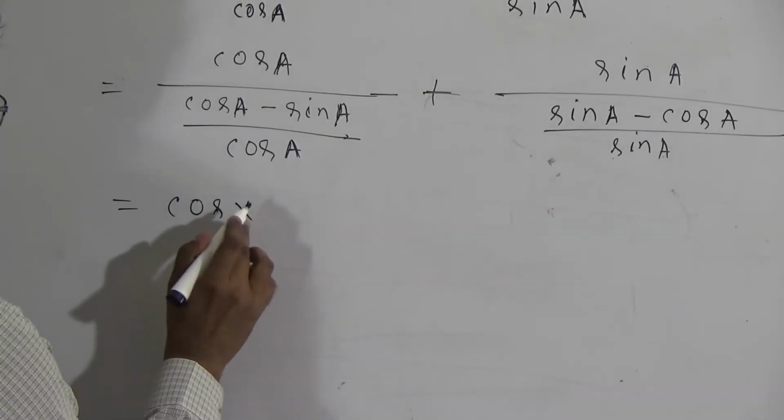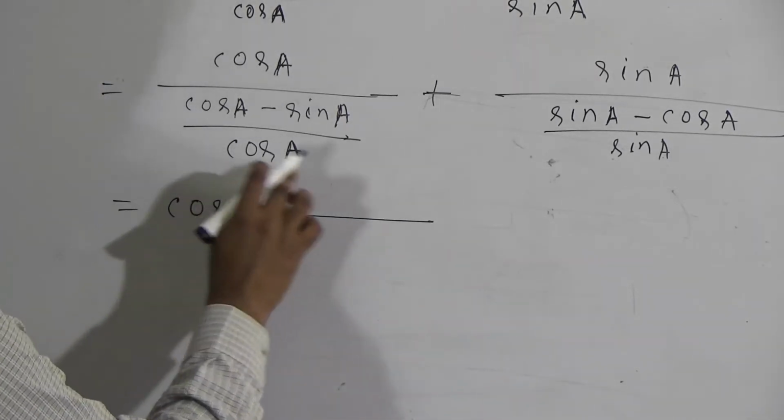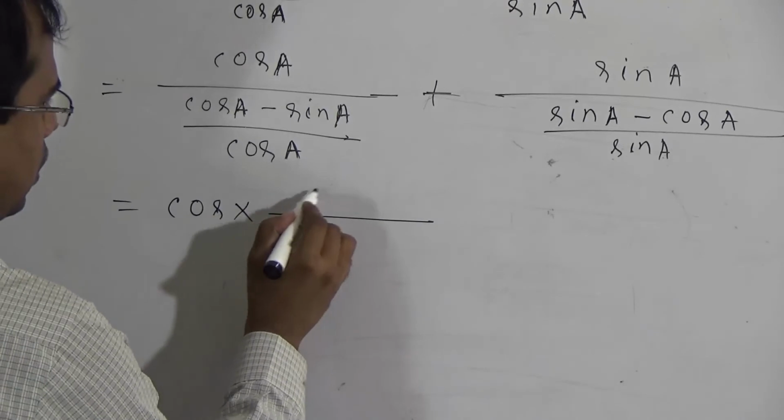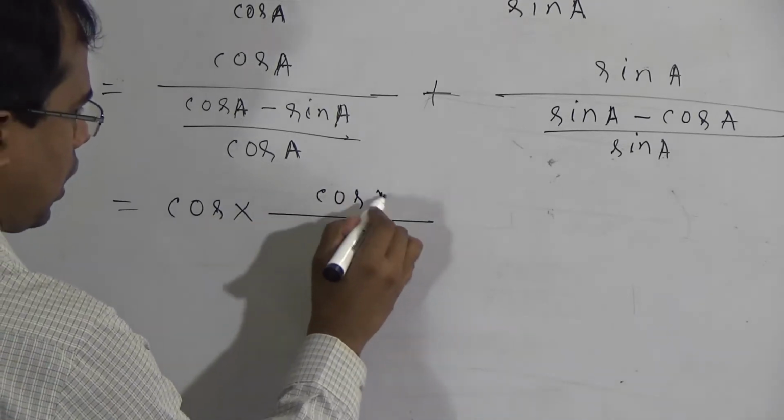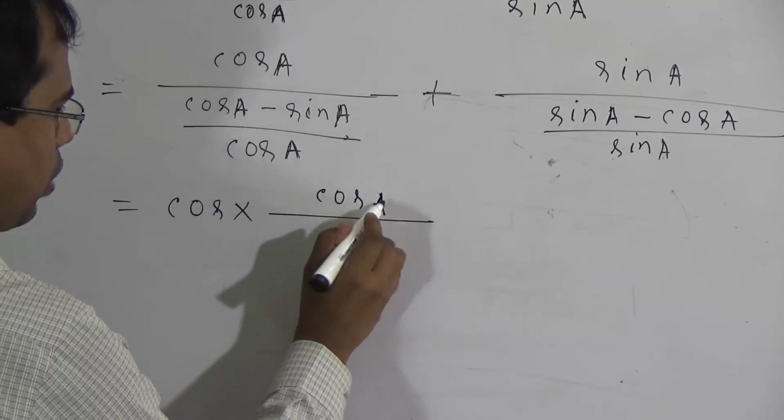Here we can write cos A multiplication. Since we have given here multiplication, so here we have to write these denominators in upper portion. That means cos A. And we have to write this numerator in lower portion.